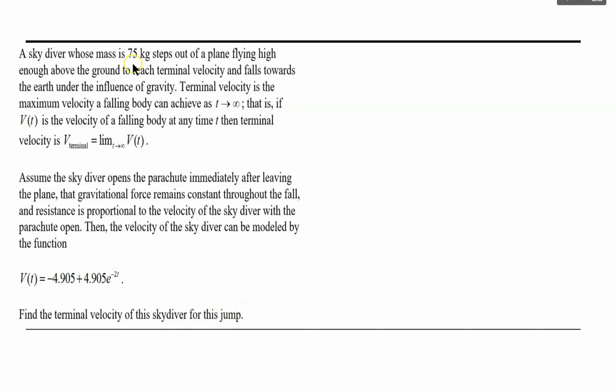Now, given that our mass is in kilograms, we know that the units for this particular velocity will be in SI units, so this would be meters per second. All right, so we're after the terminal velocity, so v terminal is going to be the limit as t approaches infinity of my v of t.